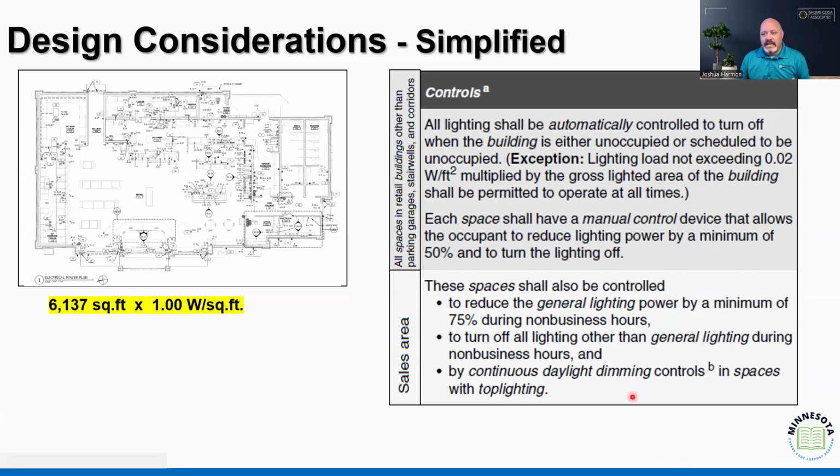Continuous daylight dimming controls in spaces that have top lighting. Again, if we're looking at those other spaces, we can see the different controls associated with those designs. So it's a very simple approach to how we calculate the amount of lighting to be used in that building. And we have passed it by almost 50%.